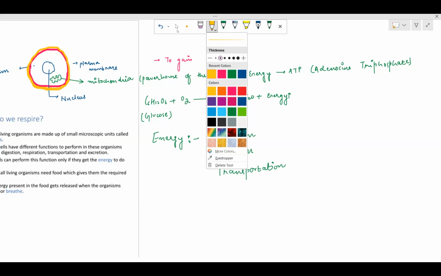Your nucleus is responsible for containing the genetic material such as your DNA, RNA, and proteins. These genetic materials can be inherited in the form of genes. Chromosomes transfer from the parent to the child to inherit the characters. So your nucleus is containing the genetic material only.